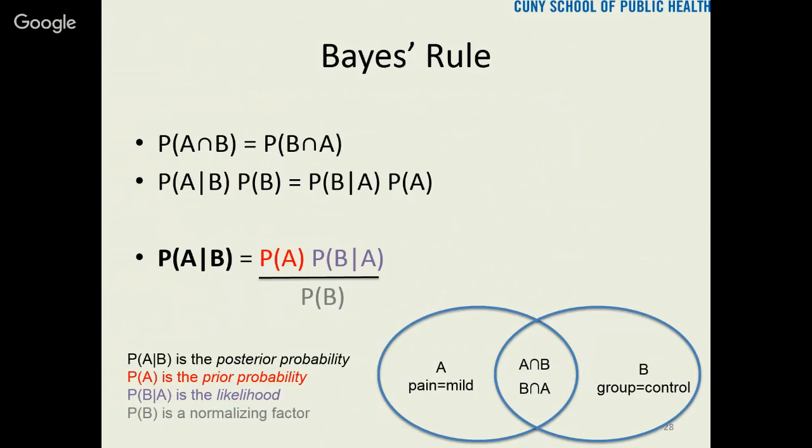So when I was mentioning that if you go in for a prostate cancer screening test, what this is telling you, so let's think of A as having prostate cancer and B being a positive test for the screening test. So then I would read this as your probability of having cancer given a positive screening test is equal to your prior probability of having prostate cancer, that's the prevalence, times the probability of a positive test given that you have cancer.